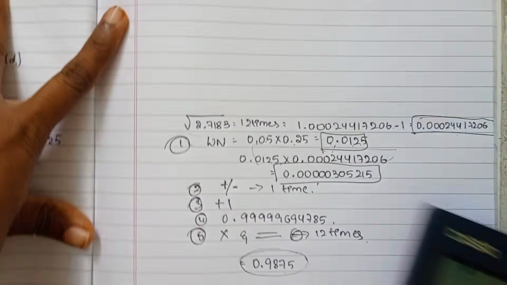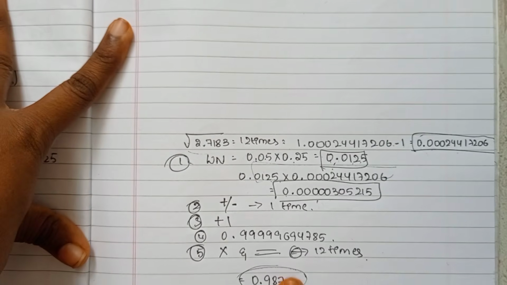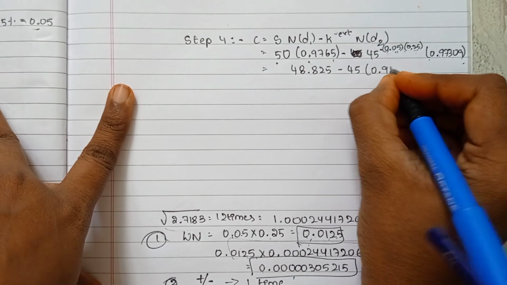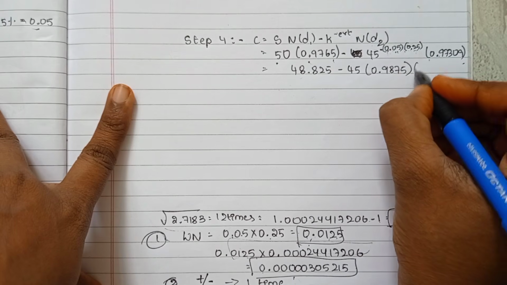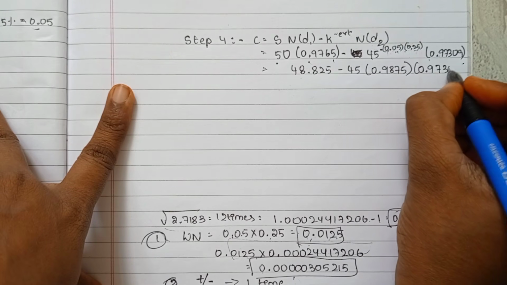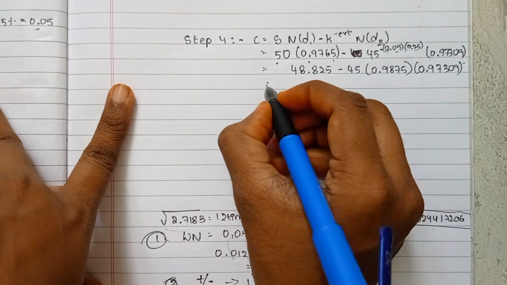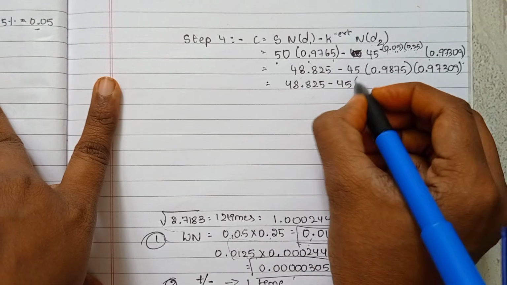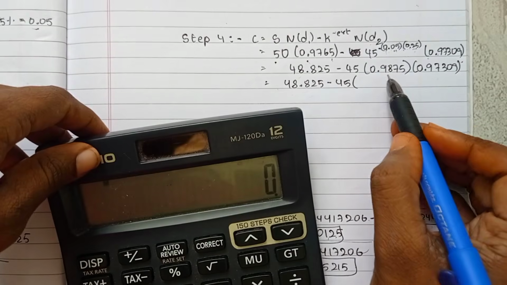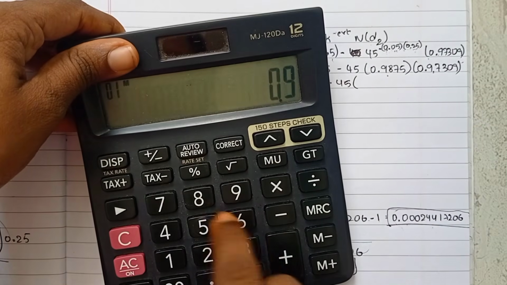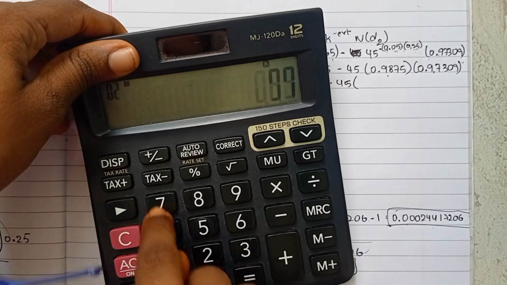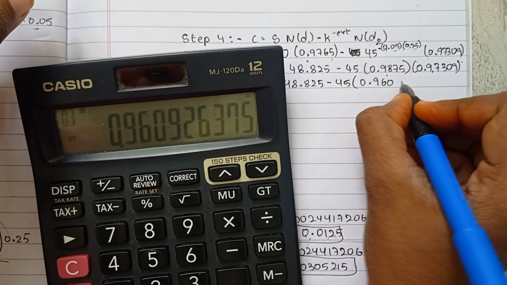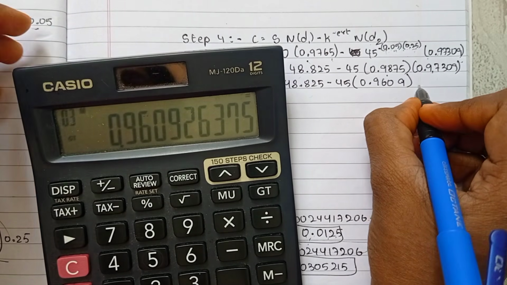So next I have to multiply this value with 45. So 0.9875 into 0.97309. Okay. So 48.825 minus 45 into, I'll multiply this both first. 0.9875 into 0.97309. I have got 0.9609. Okay.